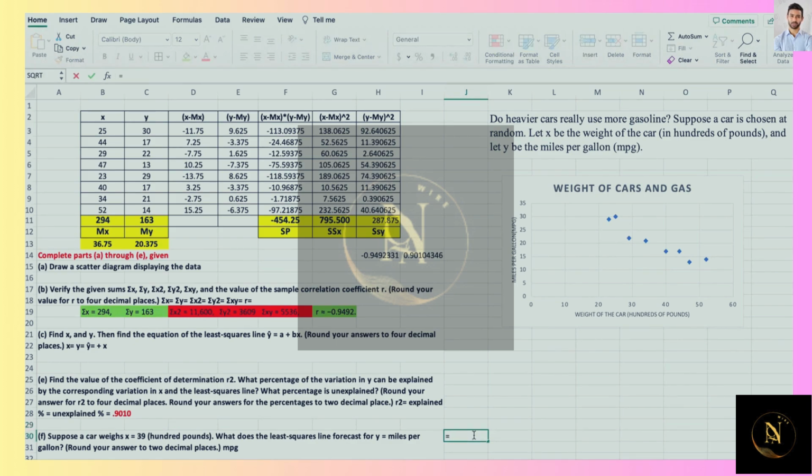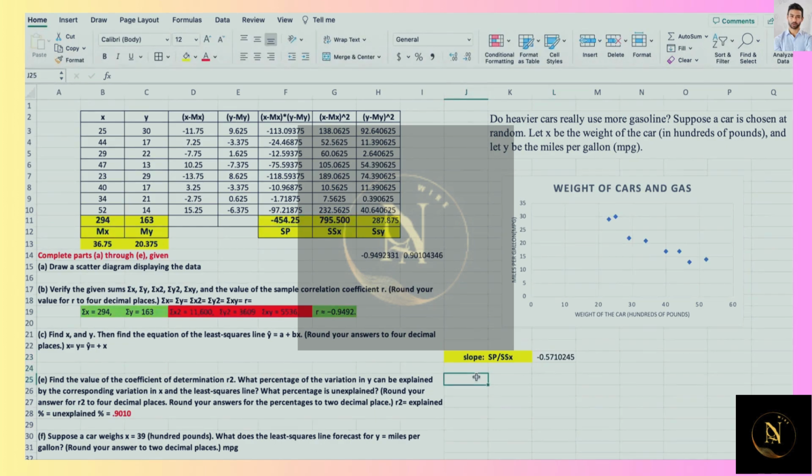My least squares line, my regression line, would be, so my slope is going to be the sum of my products divided by the sum of the squares of X. I'm going to highlight that, bold it and merge it.